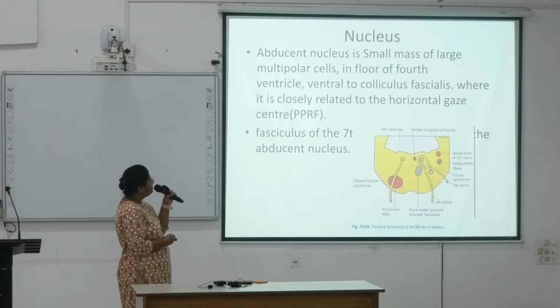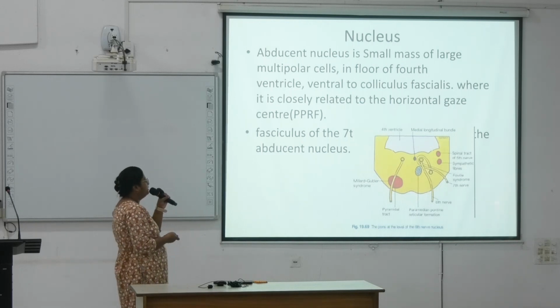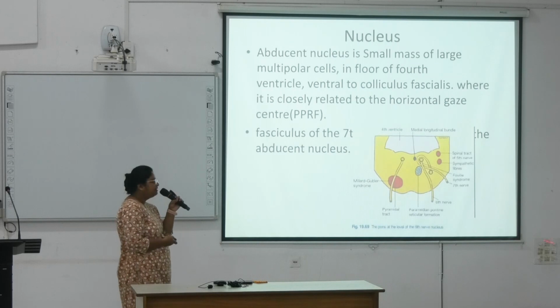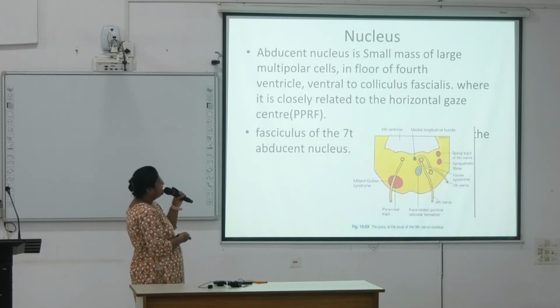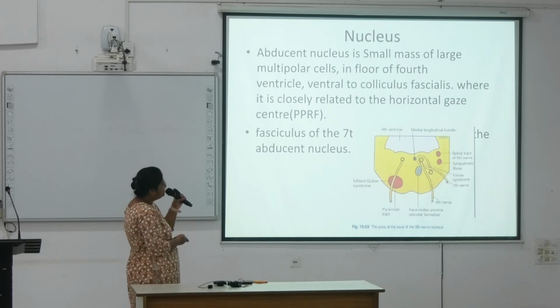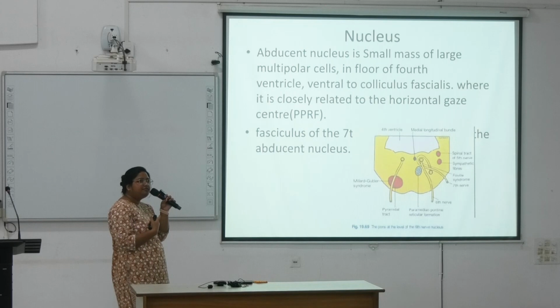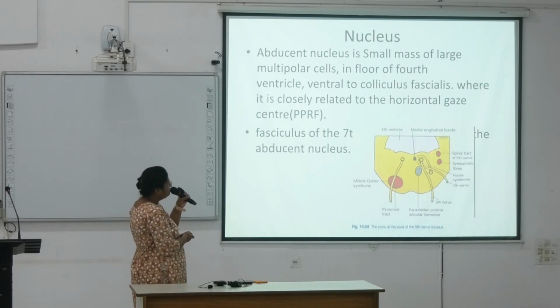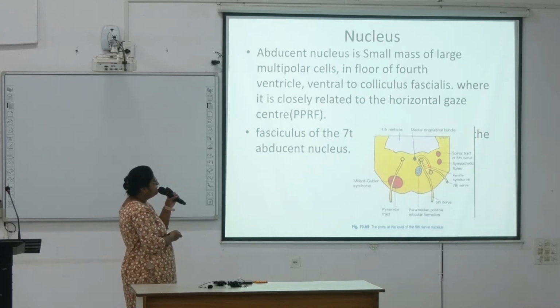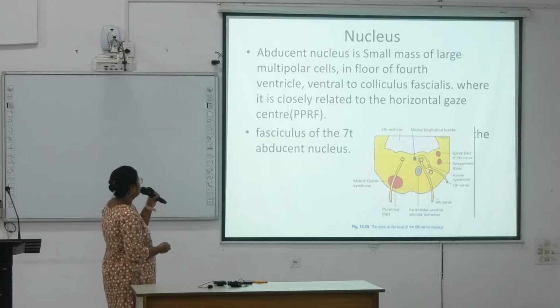After that, it comes out through the ventral aspect of the pontomedullary junction lateral to the sixth nerve. This relation between the sixth and seventh nerve is important, and this bend is known as the internal genu of the seventh cranial nerve.